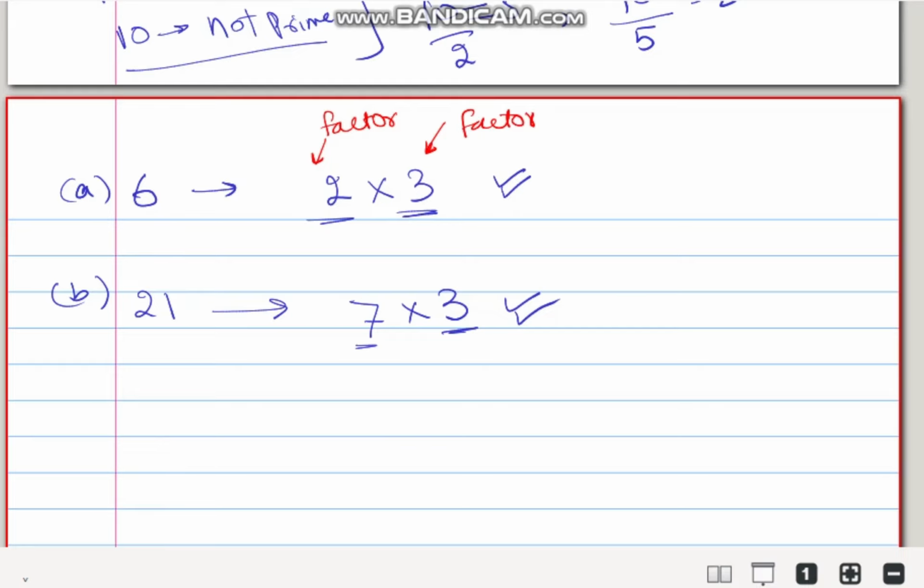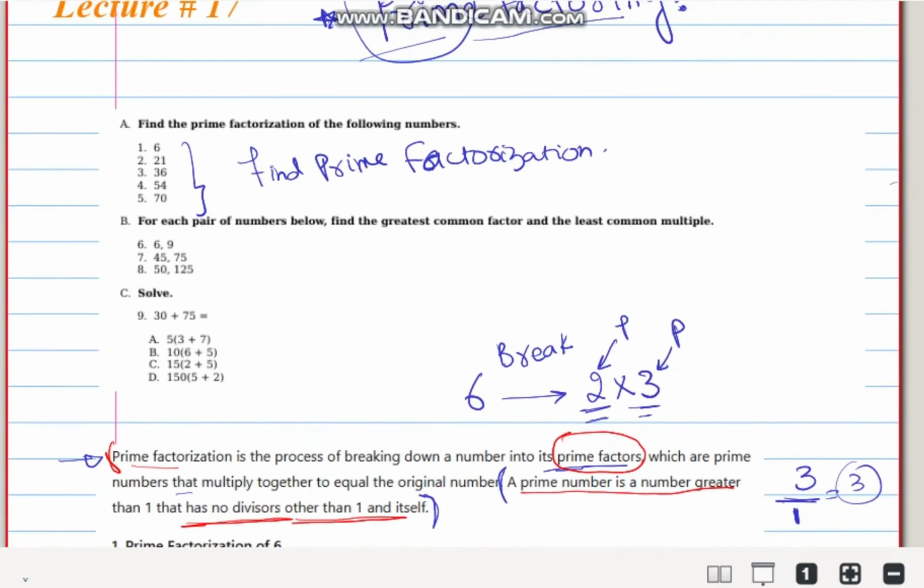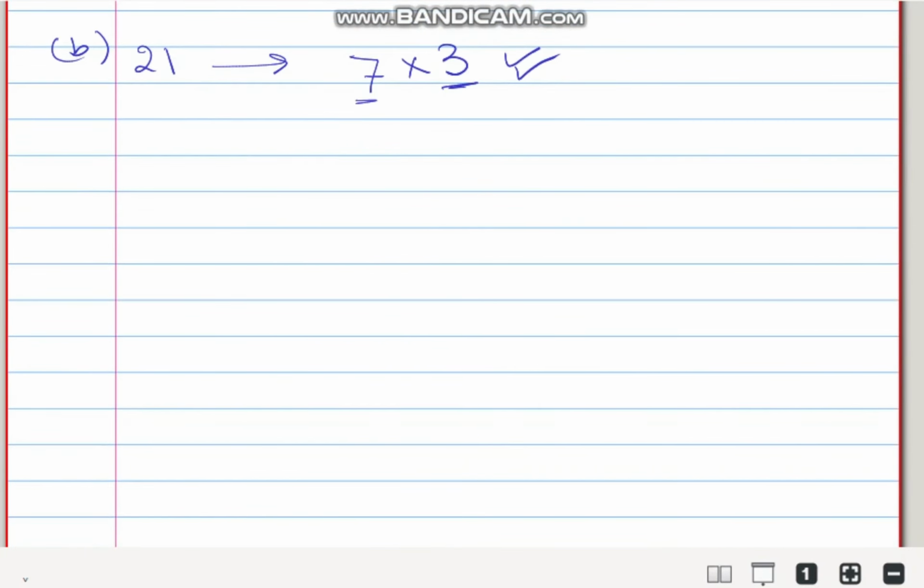So let me write another question: 6, 21, 36, 54. So this is the 54. So how will you break the 54? Zala, can you tell me how can we factorize 54?